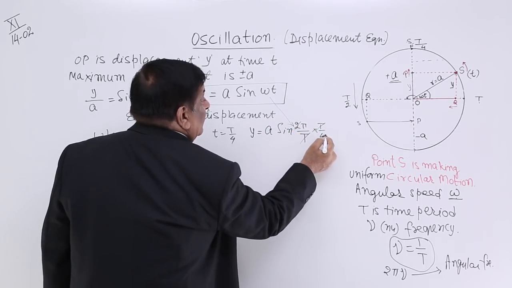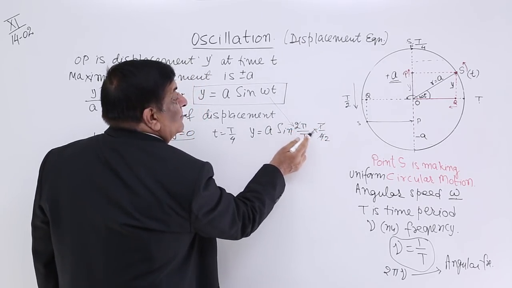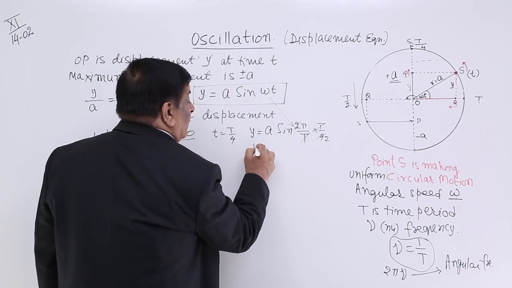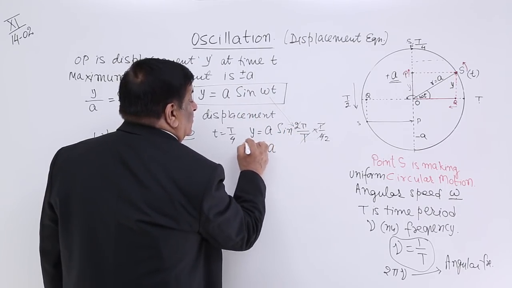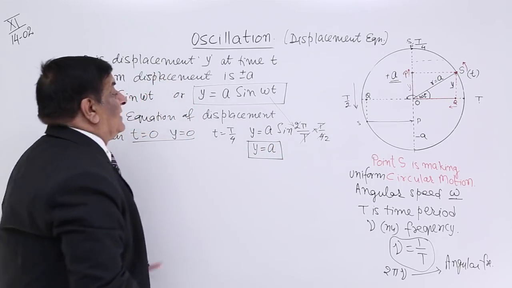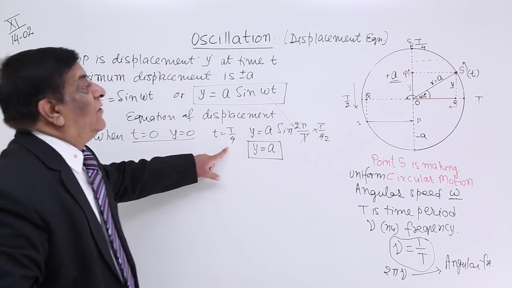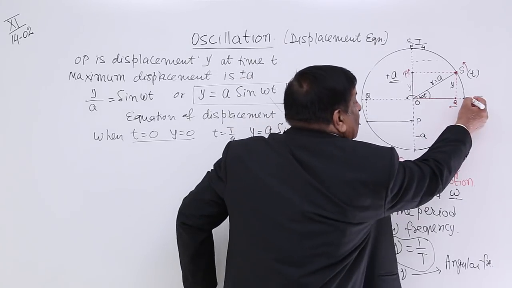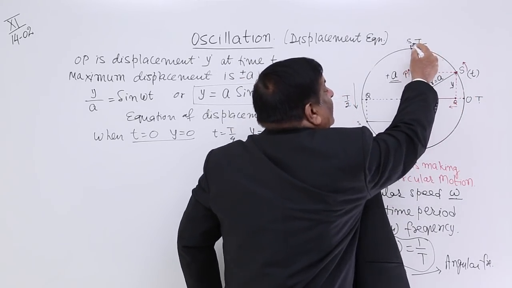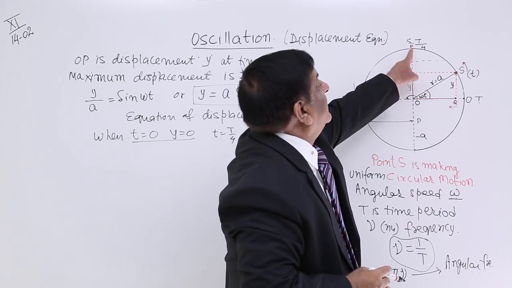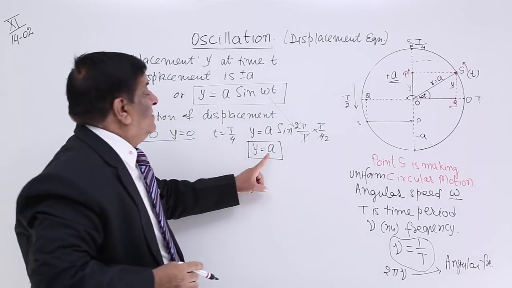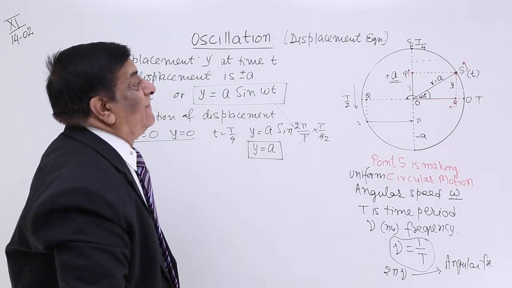This is pi by 2. Sine pi by 2 is sine 90, and sine 90 is equal to 1. So we get y is equal to A. So when time is equal to T by 4, where is S, where is P? Time starts from here, and here the time is T by 4. Here is P. At that time, the value of y is A.